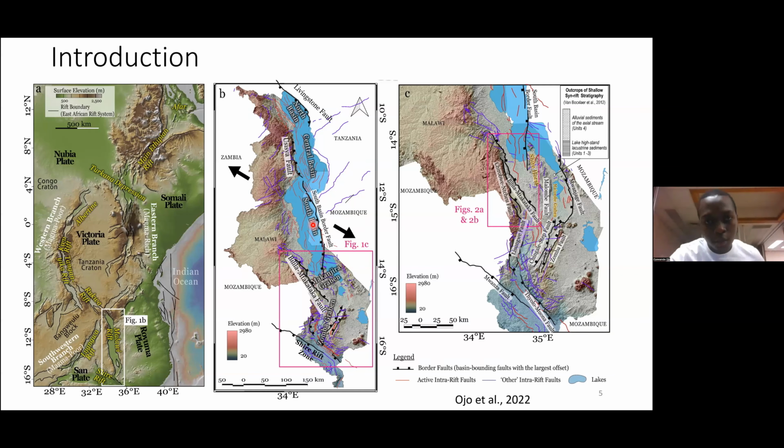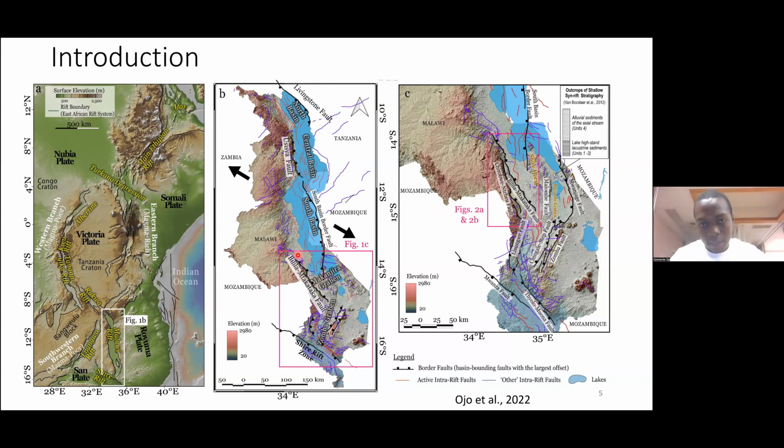So most of the faults you have here, the Livingstone, the Usisya fault, and the South Basin border faults, have been studied extensively because there are seismic profiles. They've been able to estimate the throw and the displacement. But just south of the lake, there isn't much data. So most of these faults have not been properly studied.